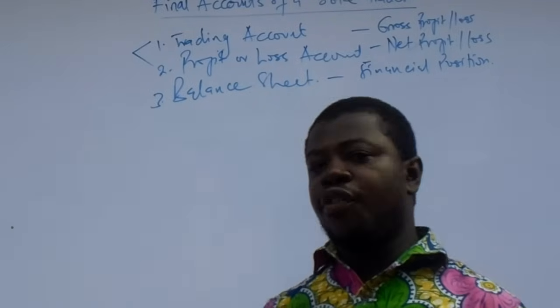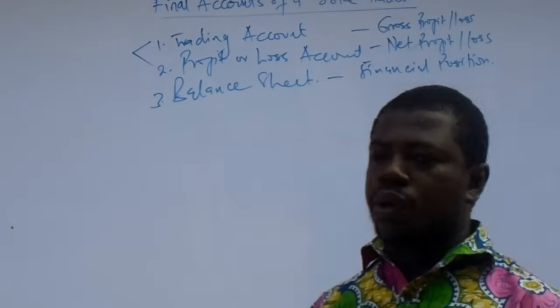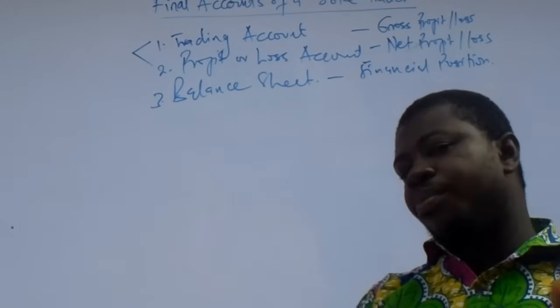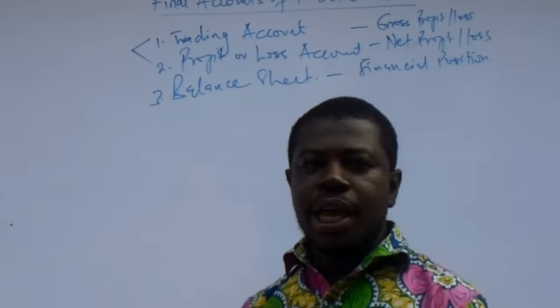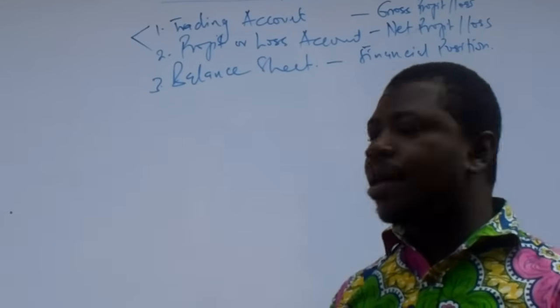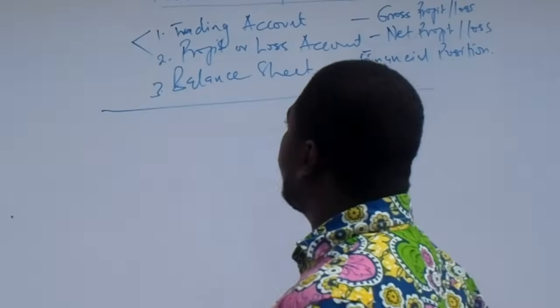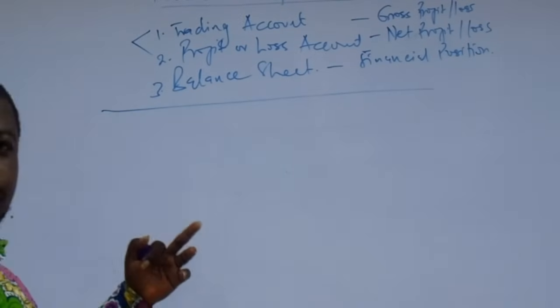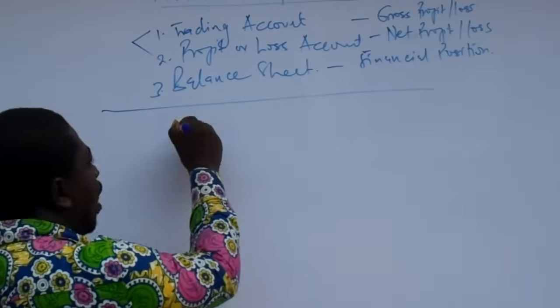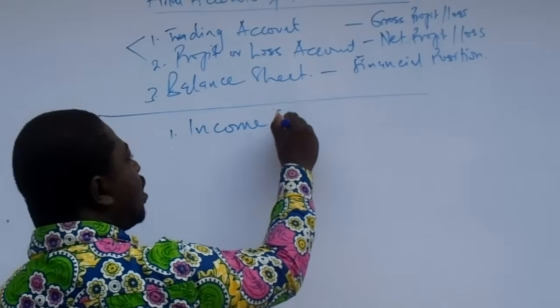Now, as accounting is evolving, the name has evolved as well. And so we no longer call it trading profit and loss account in a professional way. But what we call it is the income statement. And so we are going to say that the final accounts of a sole trader are, one, the income statement.